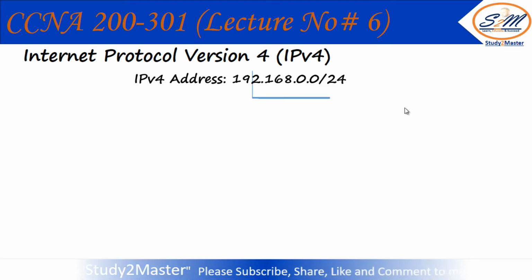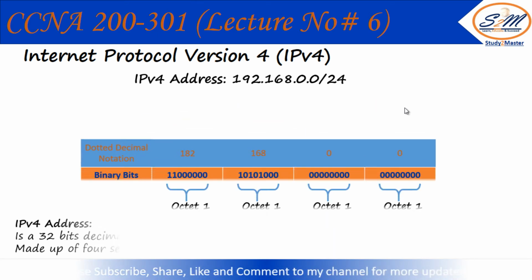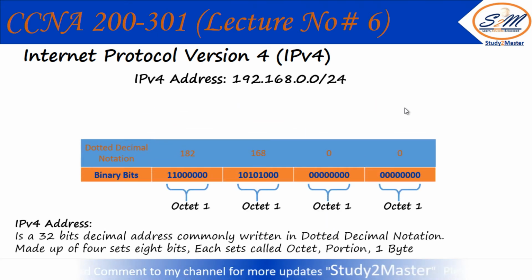Now let's see a complete view of the IP address, and how a computer converts a decimal address into a binary address. In here an IP address is written in dotted decimal notation, 192.168.0.0.